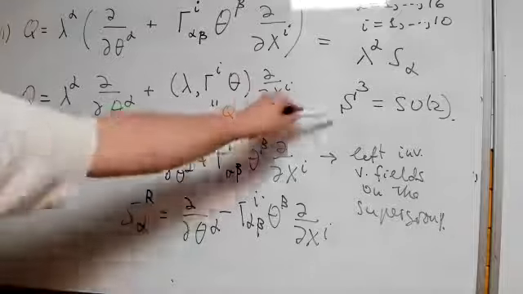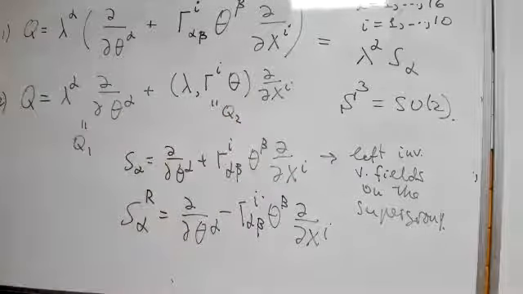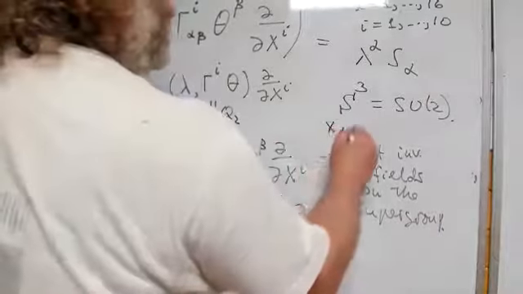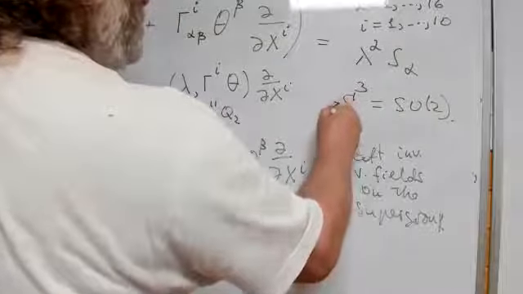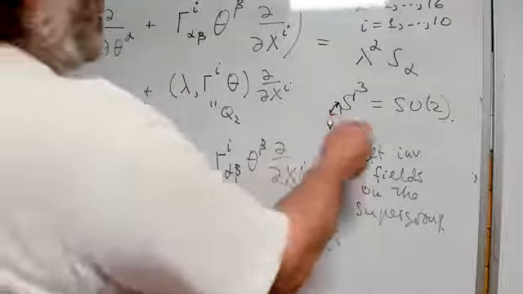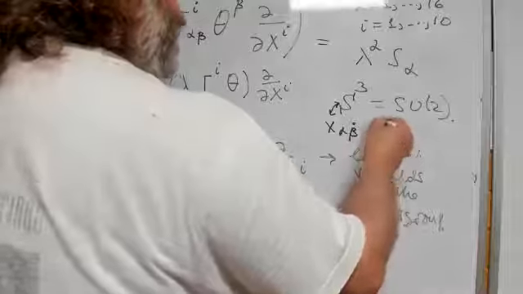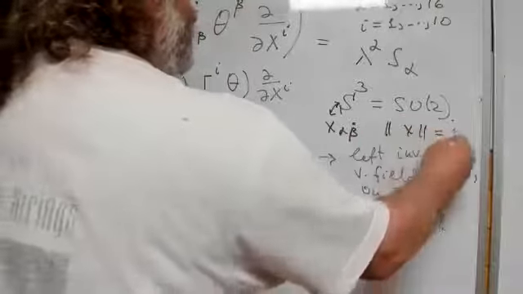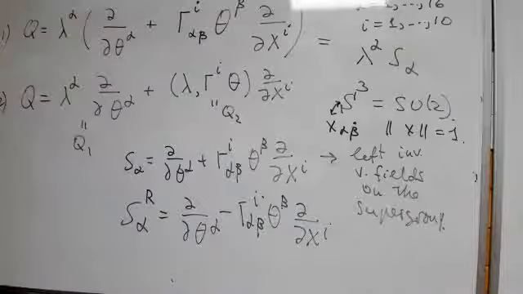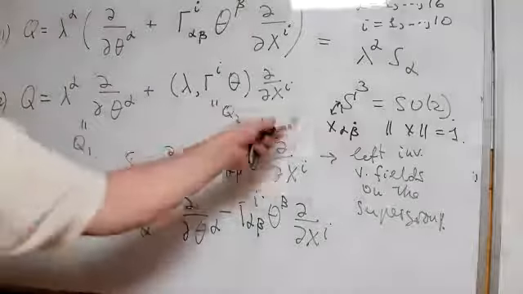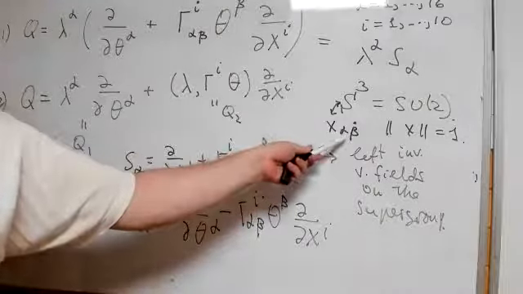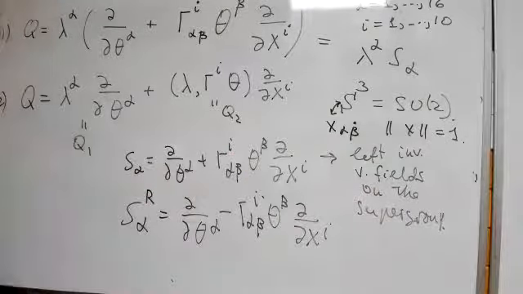And if you understand S3 as quaternions of modulus 1, so it is a quaternion, a 2 by 2 matrix, then you have the rotation in alpha index and rotation in beta dot index.